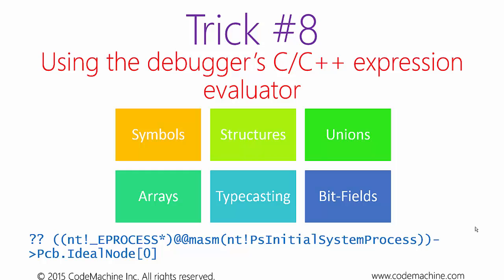As a simple example of the usage of this command, let's try to find out the size of the kernel data structure called EPROCESS. The sizeof operator is used in C++ to compute the size of any structure. We will use this operator along with the question mark command to find the size of the EPROCESS structure in the Windows kernel.